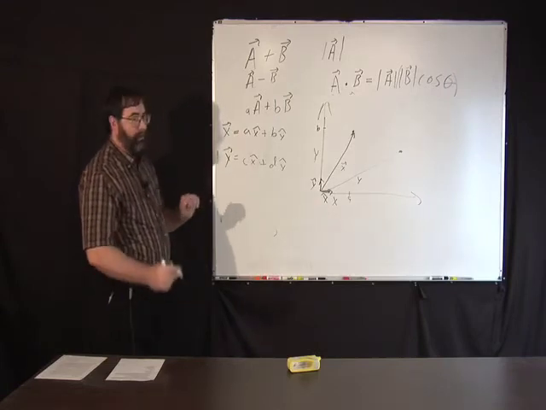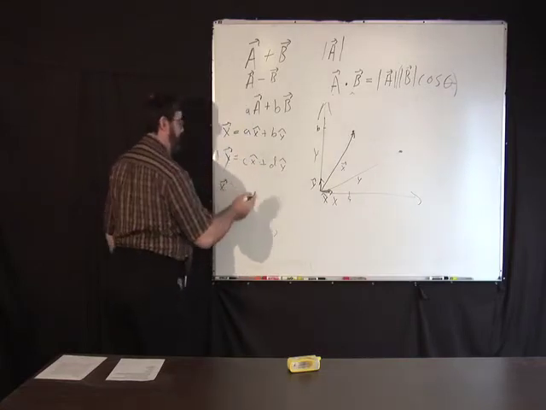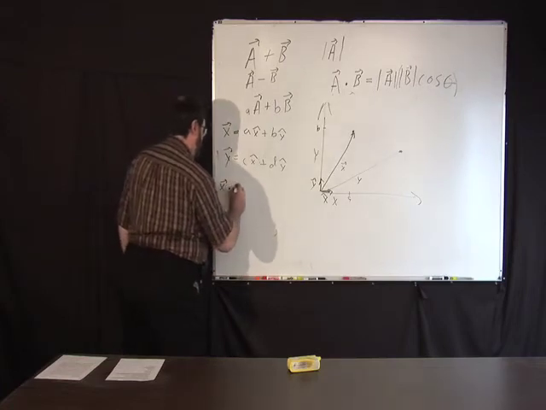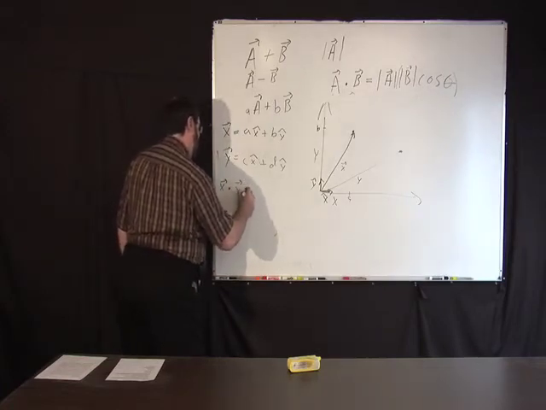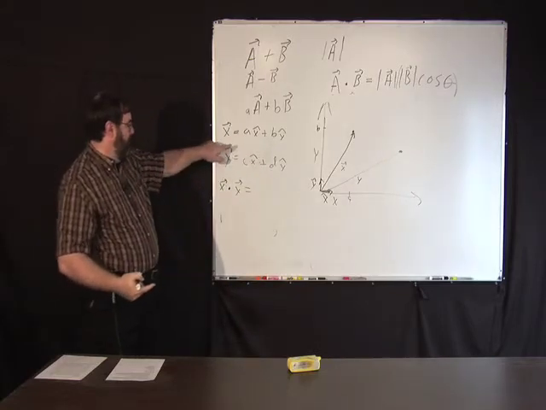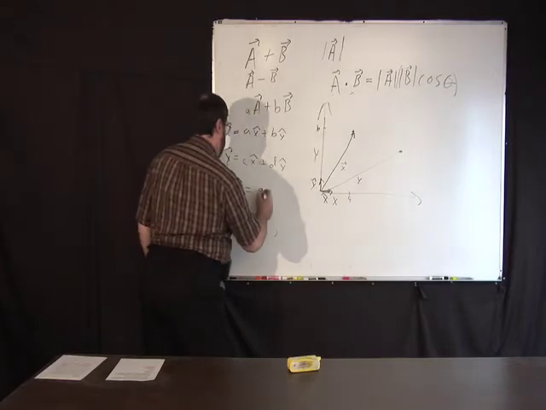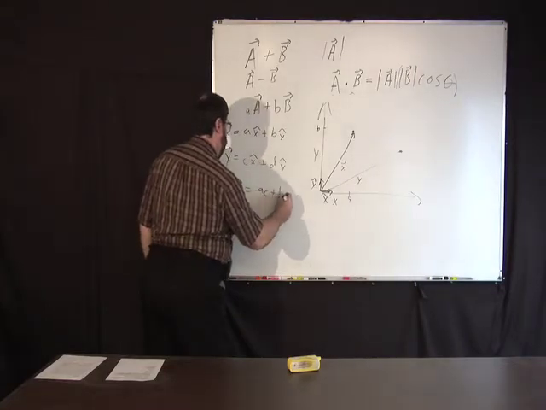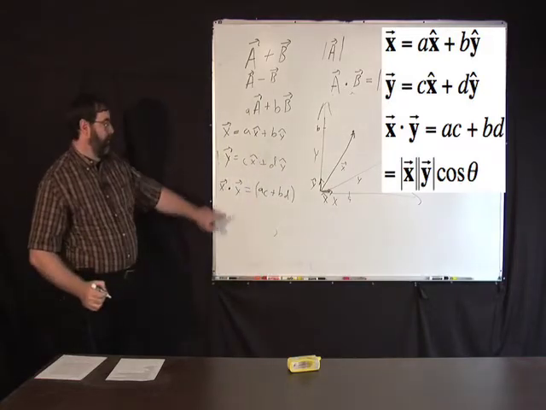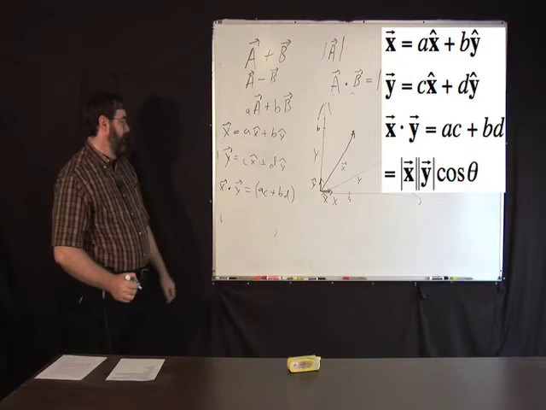I'm not going to prove it, but it's easy enough from the geometry. You need to apply the Pythagorean theorem a few times. But x dot y is actually equal to, in our orthonormal basis, where these are the coordinates, AC plus BD. In this coordinate system, that's what the dot product is.